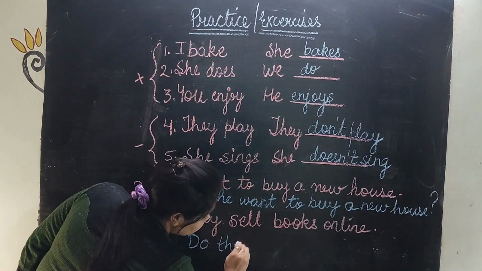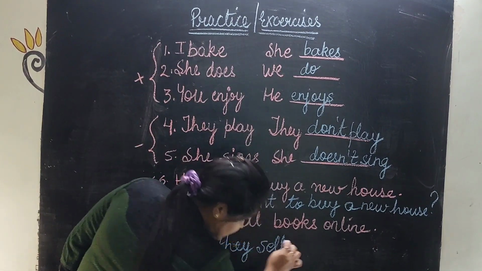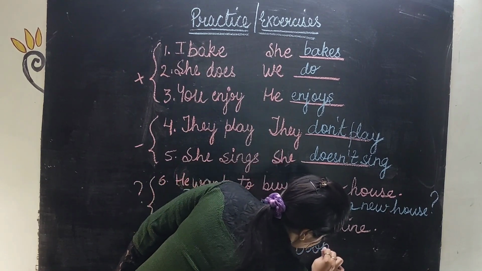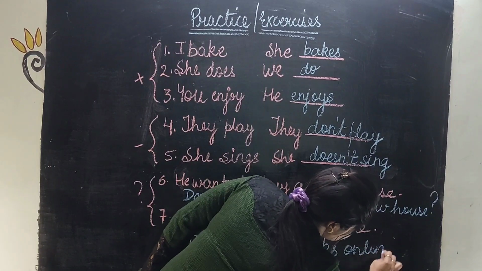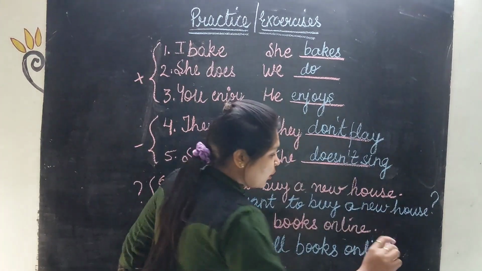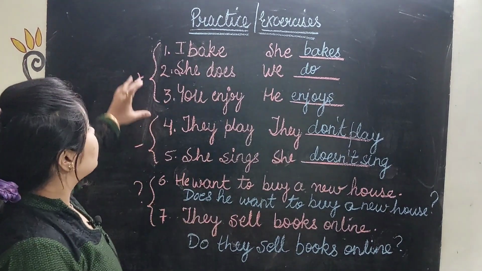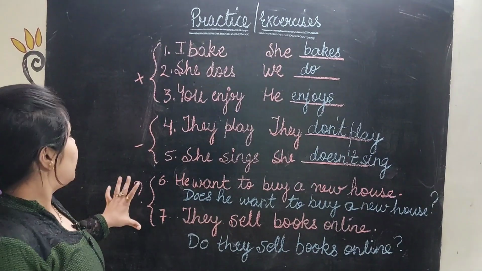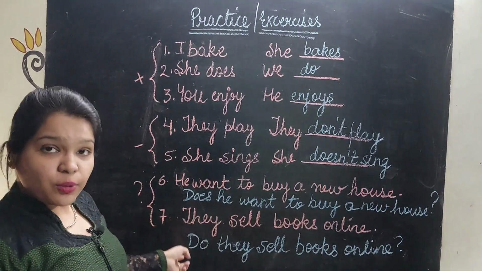Do they sell books online? Now after this, a question mark, because we were asking a question. This was the positive, these two were the negative, and this was the question, the interrogative.